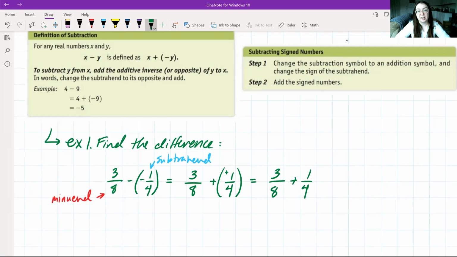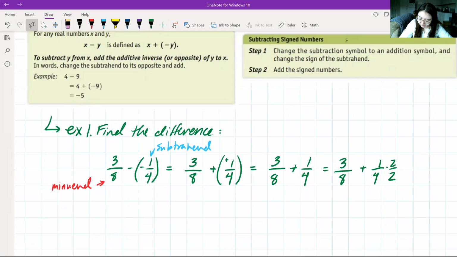And now we're just adding our fractions. If we want to add 3/8 plus 1/4, we need to find a common denominator in order to add them. We see that our denominators here are 4 and 8, and 8 can be separated into 4 times 2. So we just want to use our property of 1 on our second term in order to get our common denominator. So we can say 3 divided by 8 plus 1 divided by 4 times 2 over 2.